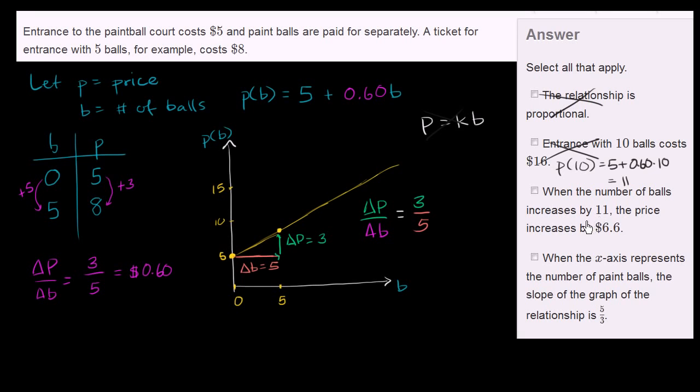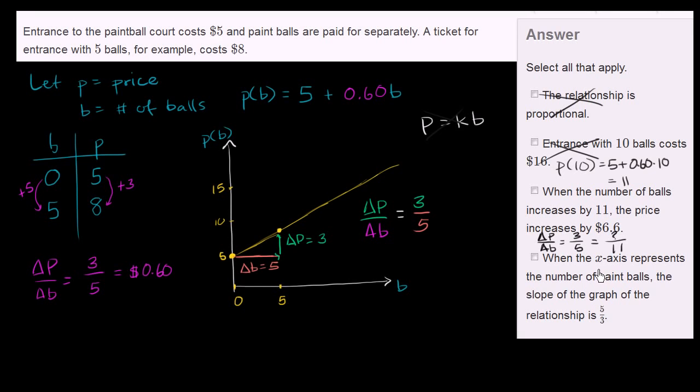When the number of balls increases by 11, the price increases by $6.60. So remember, the change in price over the change in the number of balls is always going to be equal to 3/5. And they say the number of balls increases by 11. So 3/5 is equal to what over 11?